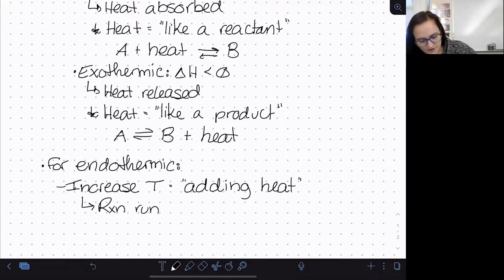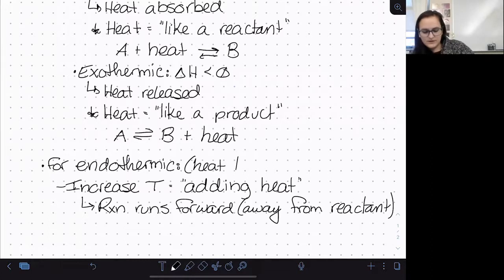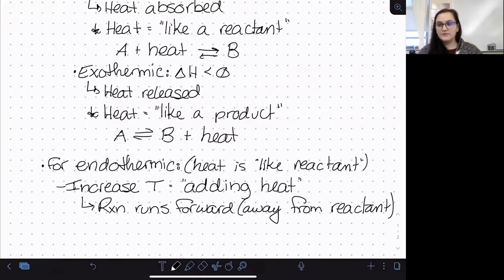So our reaction runs in the forward direction, since that is away from the reactant side, where heat would appear. So remember, for endothermic, heat is like a reactant. If we're effectively adding a reactant, we shift away from the reactant side.